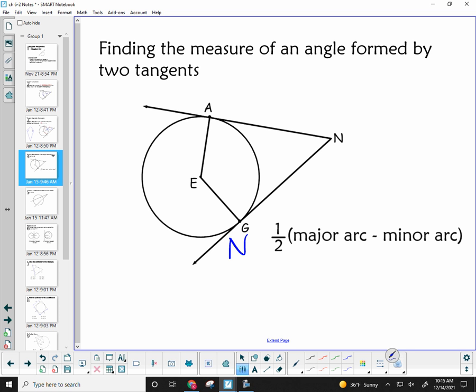I forgot my N equals here. Sorry. So the measure of angle N is equal to 1/2 of the major arc minus the minor arc. So where those tangent lines intersect, it really divides the arcs into two different regions. We have the major arc, which is the long way around, and the minor arc, which is the short way around.